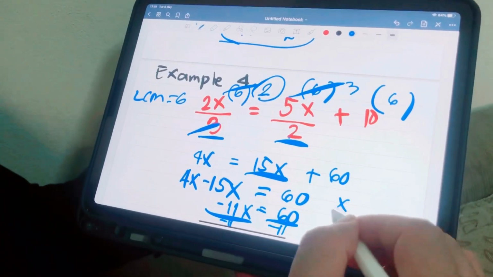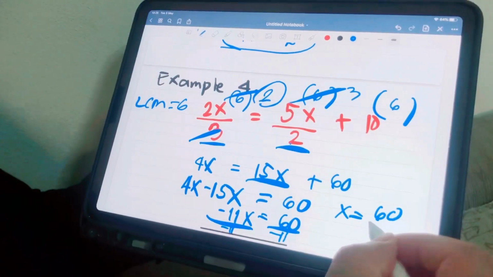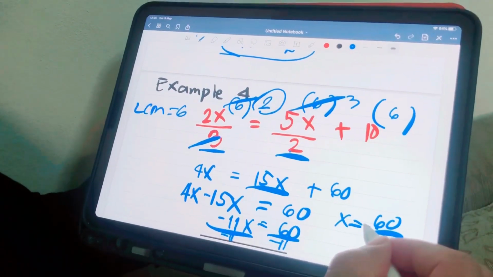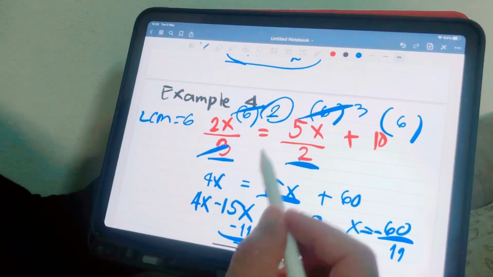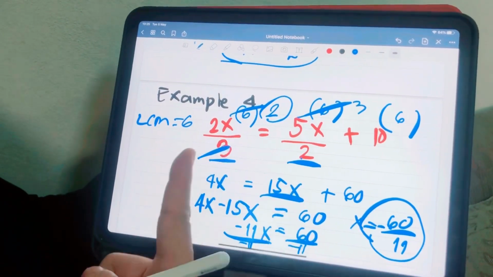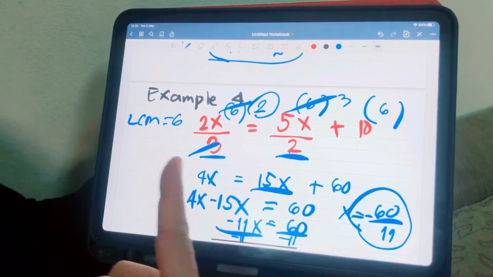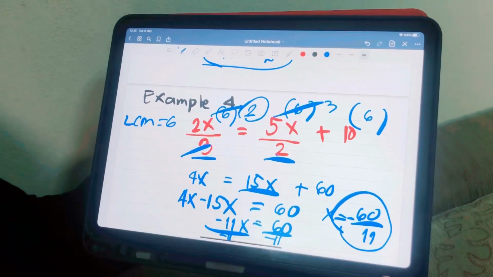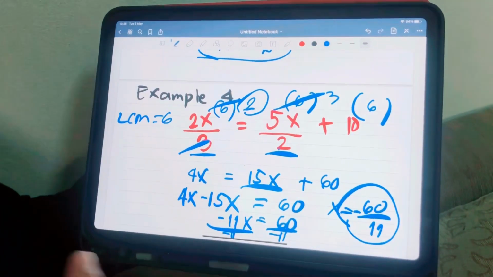So the answer is x is equal to 60 over 11, which is actually negative. You can check if this will satisfy the equation. If it will satisfy, then it's a solution. But if it will not, then negative 60 over 11 is not a solution of the equation.